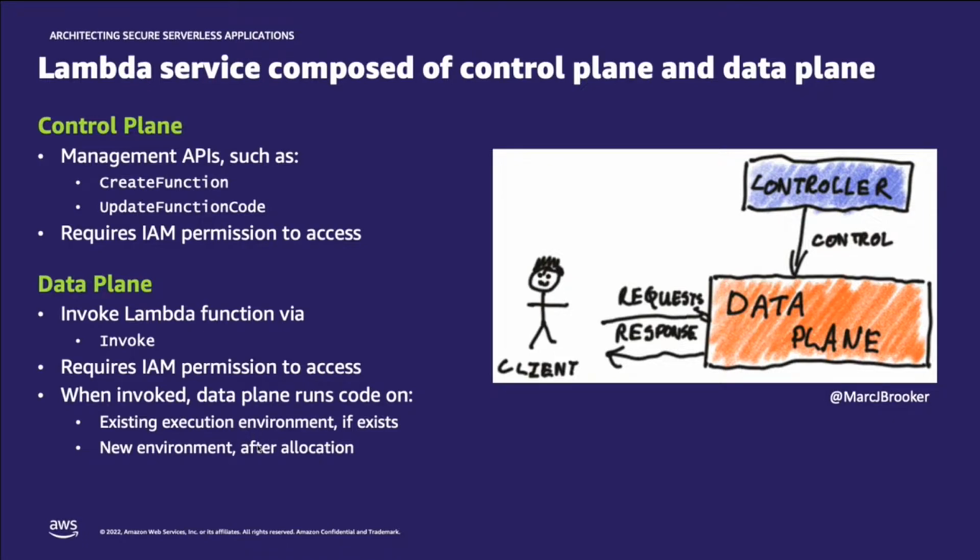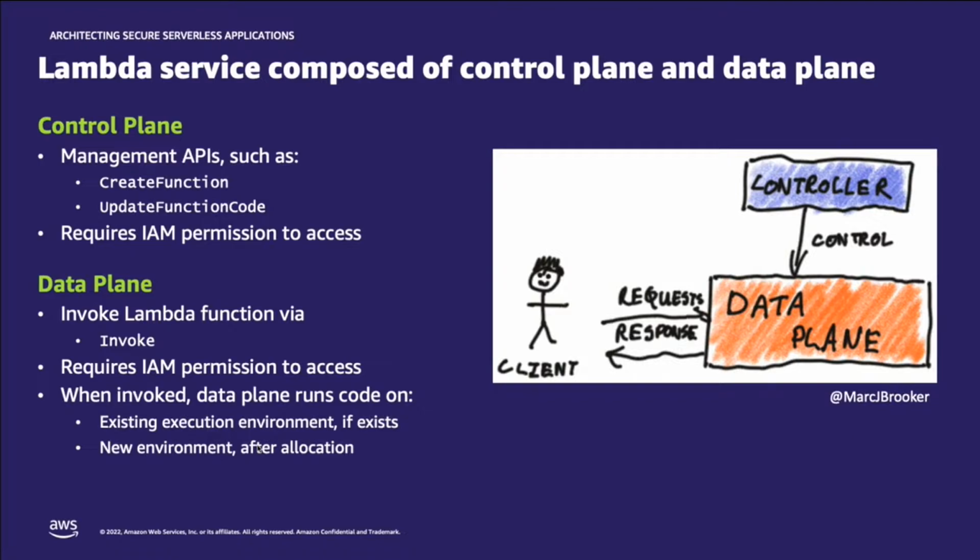Because this is the way that we isolate requests within the micro VM and Firecracker, which is the framework used to run the Lambda functions. This is one of the things that we need to remember, the way things are isolated.